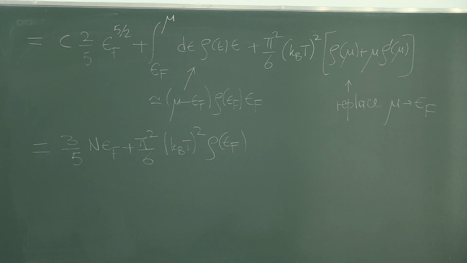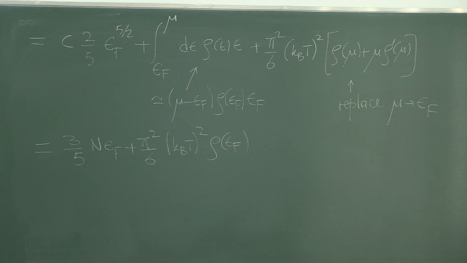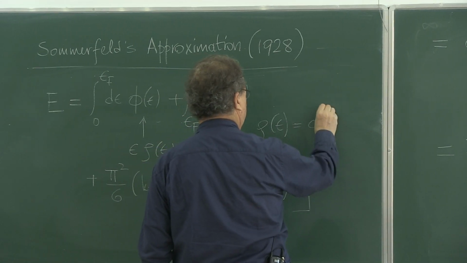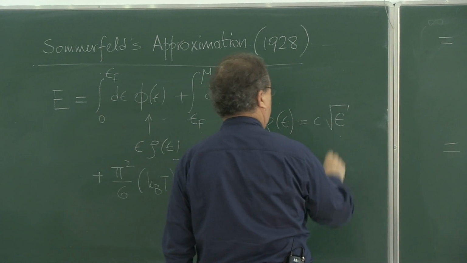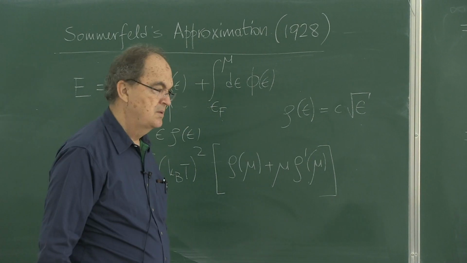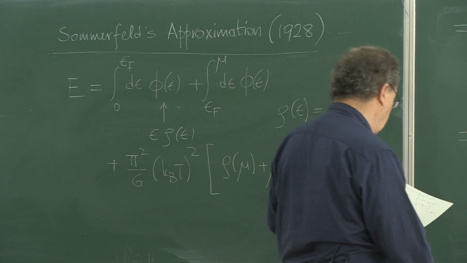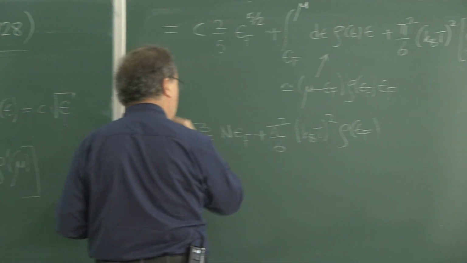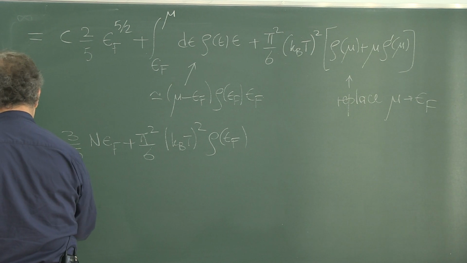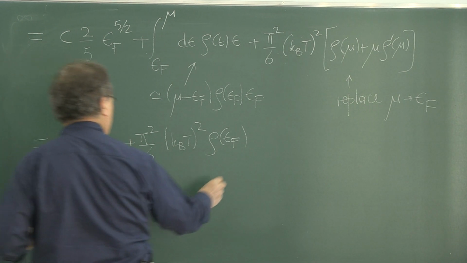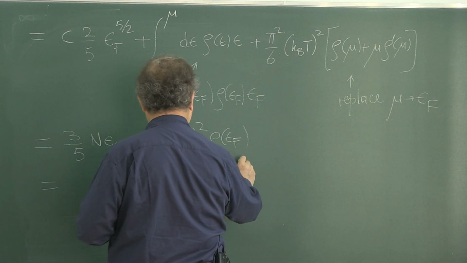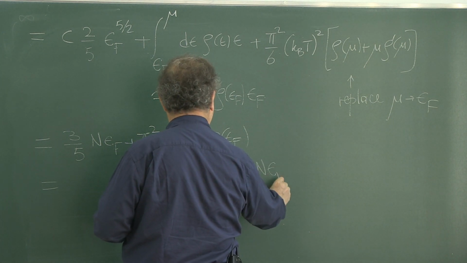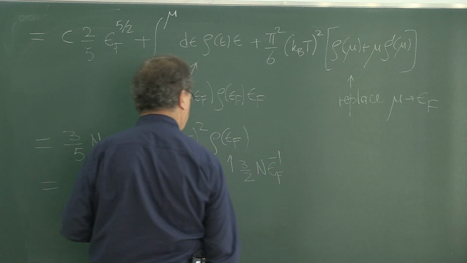Okay. Remember, I'm using the fact that in 3 dimensions, this is a constant times square root energy. So, if you use this, well, that thing then stays at the Fermi level, can be related to EF expression.